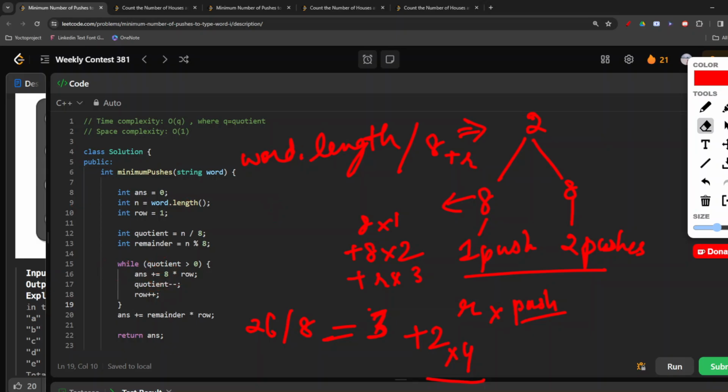So now, how we are required to code this is, the answer which we will be returning, and the row 1. Row 1 is for the purpose of the first push. We are taking this. Then as I told, word dot length divided by 8.